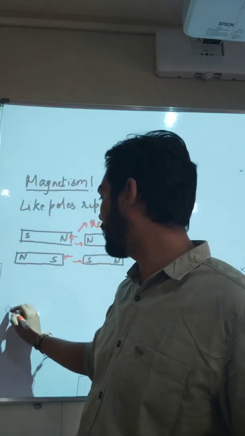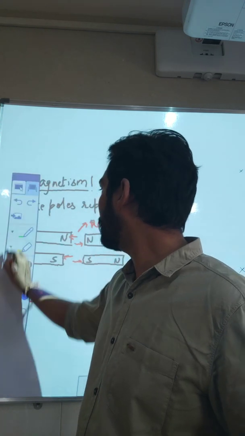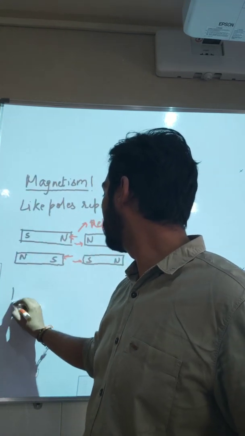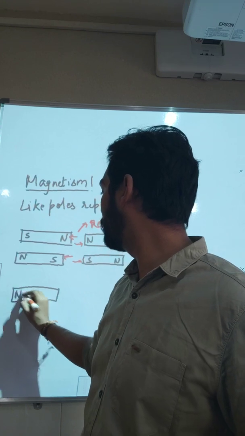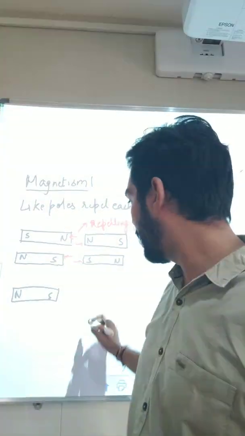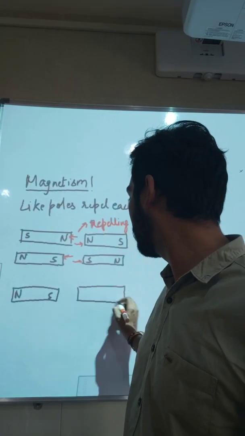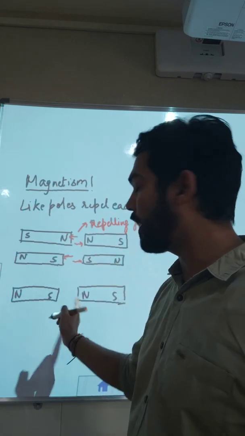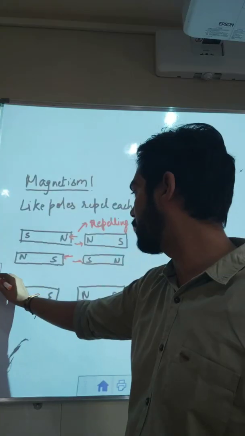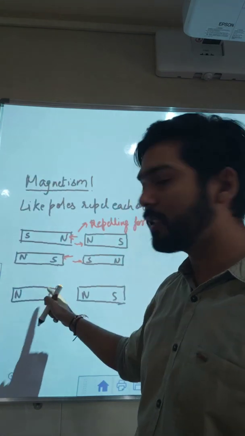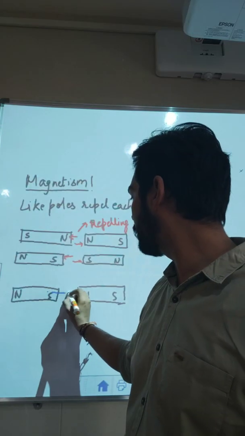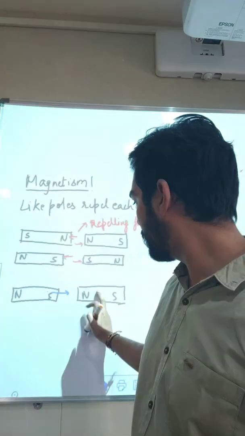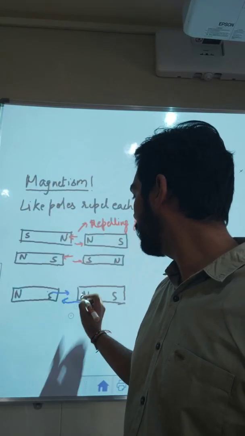So if I make a north pole over here and a south pole over here, and for another magnet, if I make a north pole over here, now see I'm attaching unlike poles closer to each other. So what I'm going to see is this magnet experiences a force on this side, and this magnet experiences a force on this side.